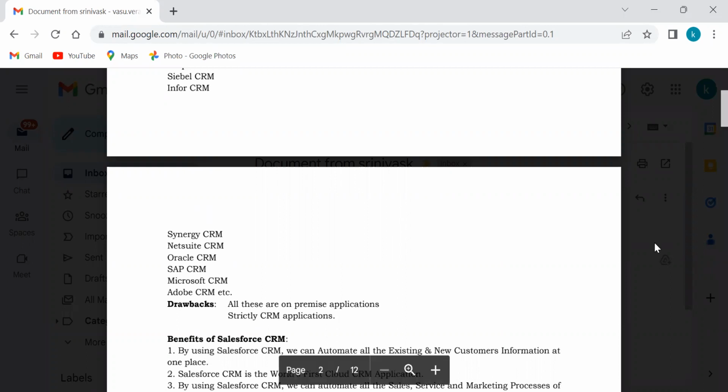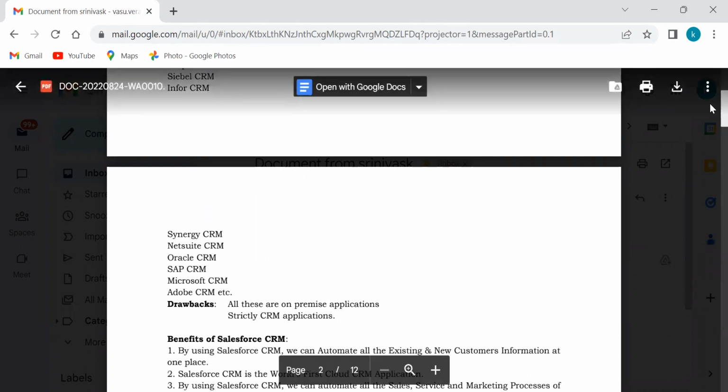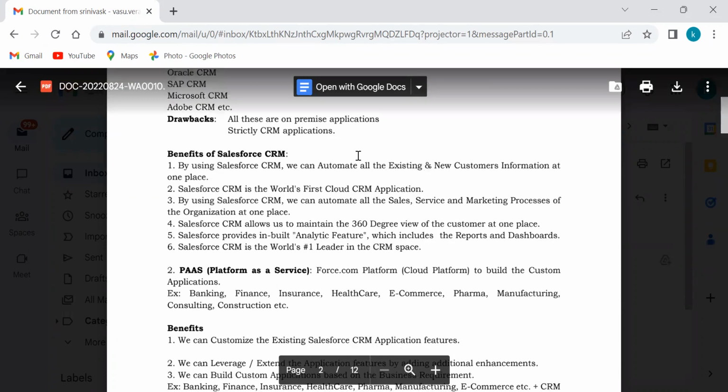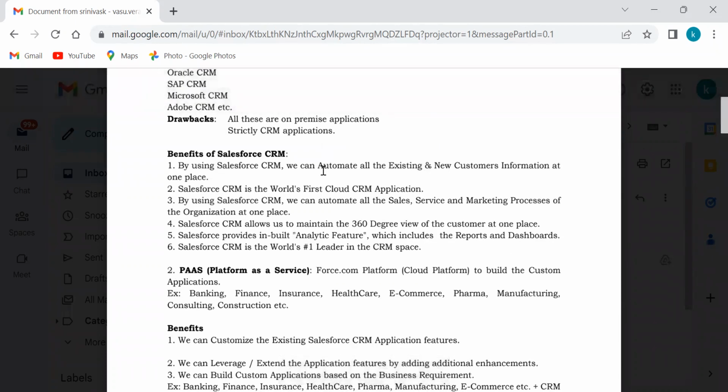Okay, now let us know a few more benefits of this Salesforce CRM application. Using Salesforce CRM, we can automate all the customers' information at one place. Already we have discussed this point yesterday. And we can also automate the sales, service, and marketing related processes of any organization.